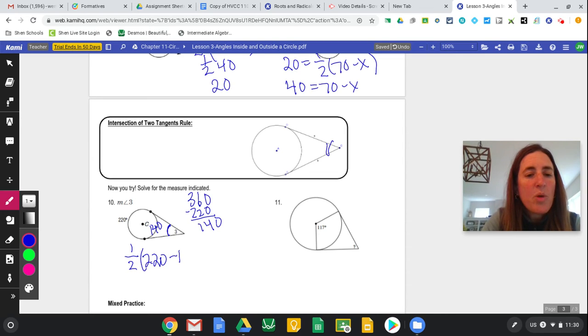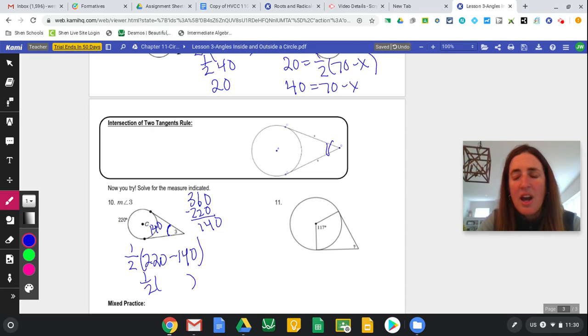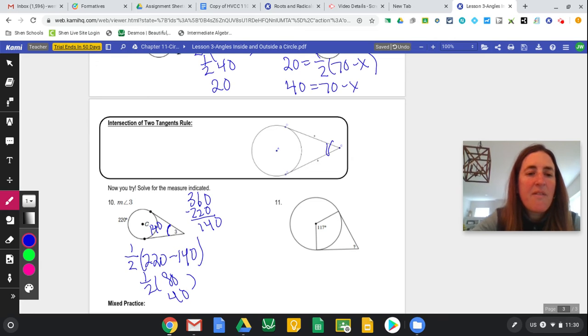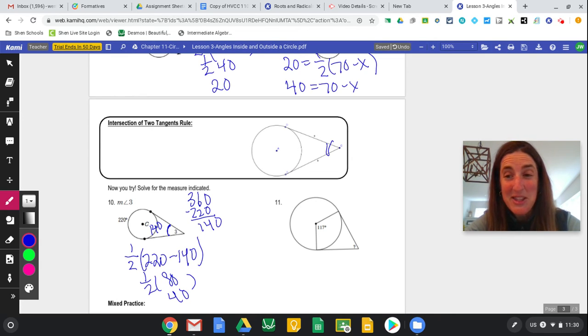Minus 140, which is really half of 80, which gives me 40 for my answer for that angle. Super fun.